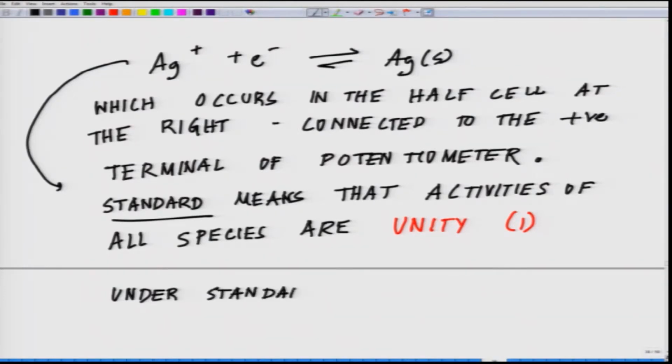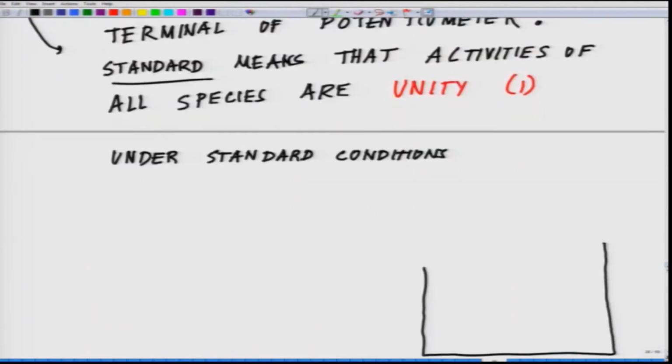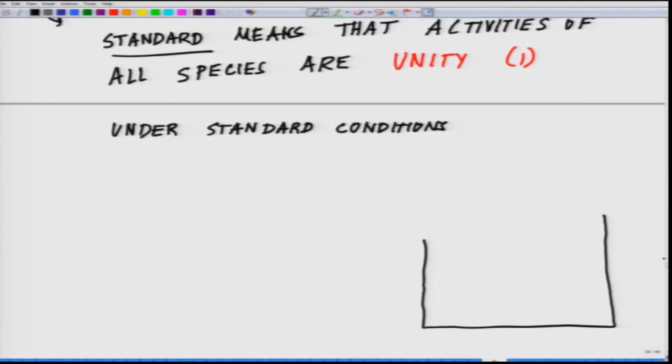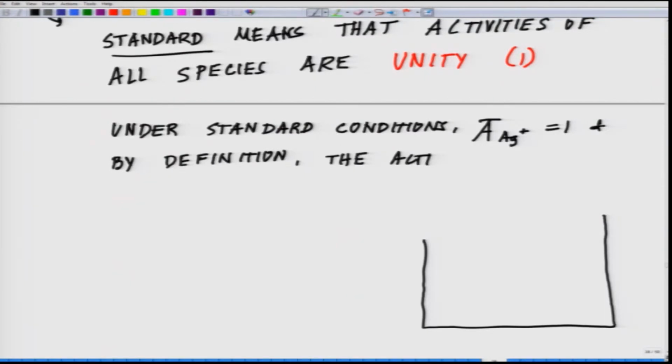So, for the reaction mentioned above, under standard conditions, the activity of Ag plus is equal to 1, and by definition the activity of Ag solid is also unity.